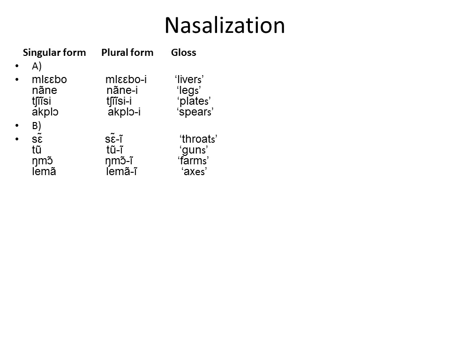When it is attached to a stem with a final nasalized vowel, this oral vowel changes its feature from minus nasal to plus nasal. Look, for example, the word that means throat, C. The final vowel is nasal.